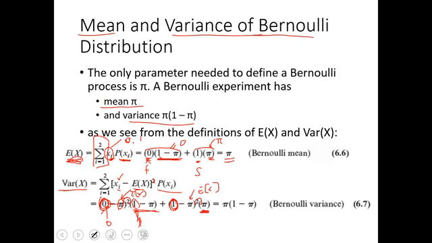For success, the probability is pi. After we calculate this equation, we obtain pi times 1 minus pi. That is the variance of the Bernoulli distribution.